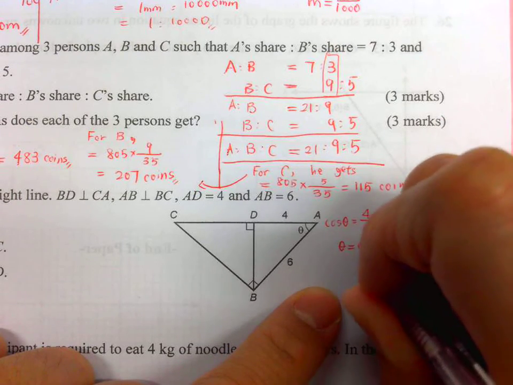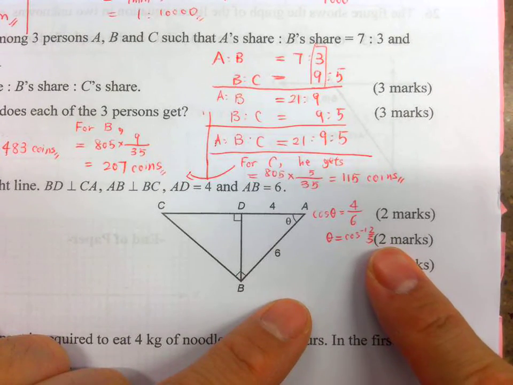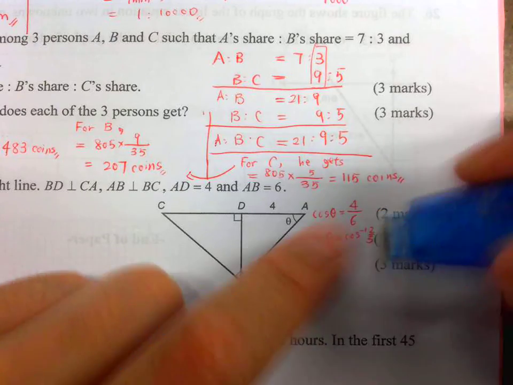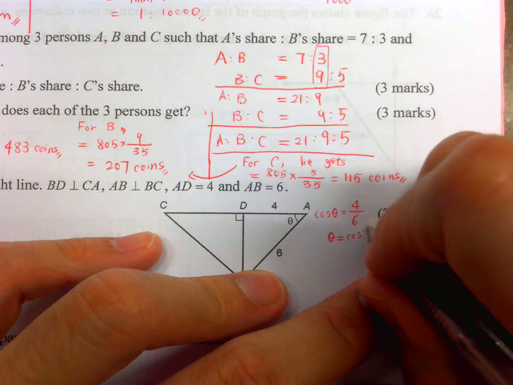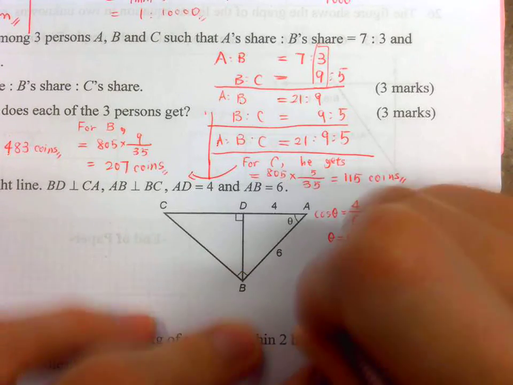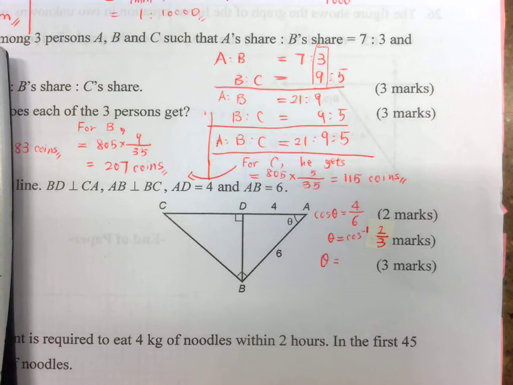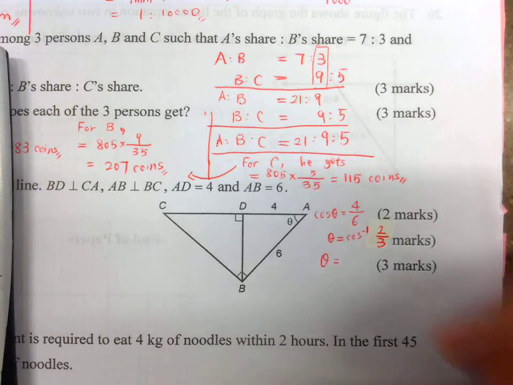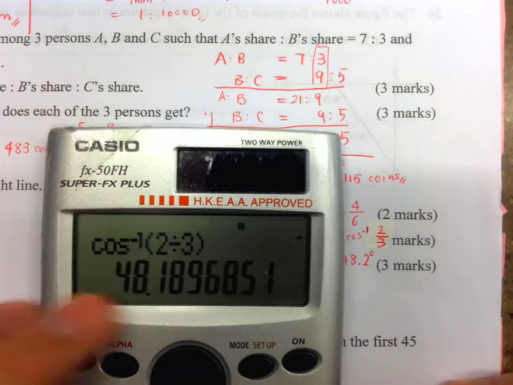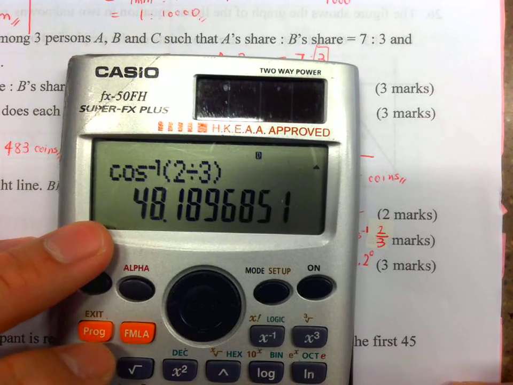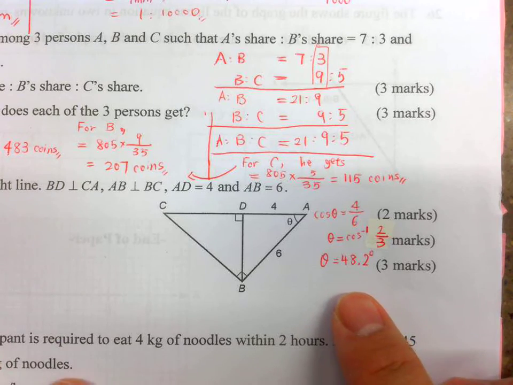Theta will be equal to arc cosine of 2 over 3, which will give you the value 48.189. So when you take 3 significant figures, you have 48.2. And for theta, there should be the unit degree.